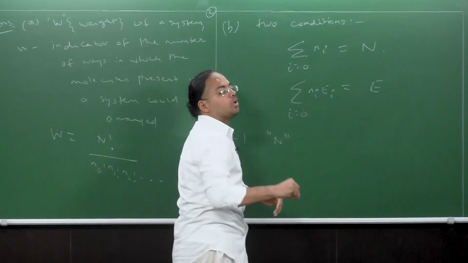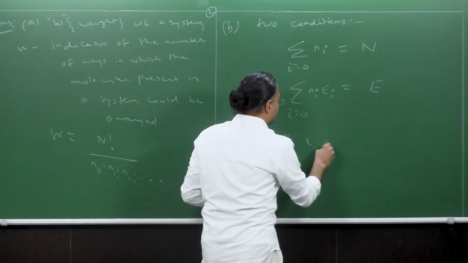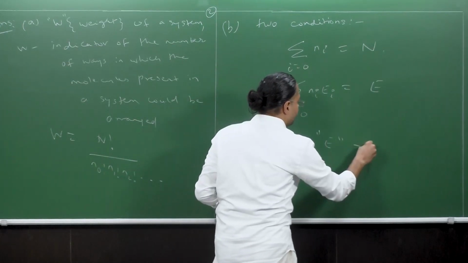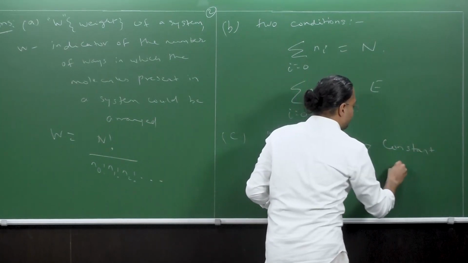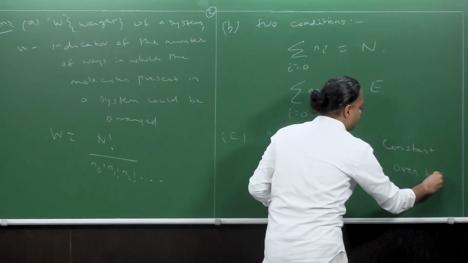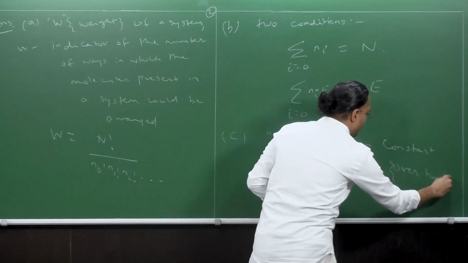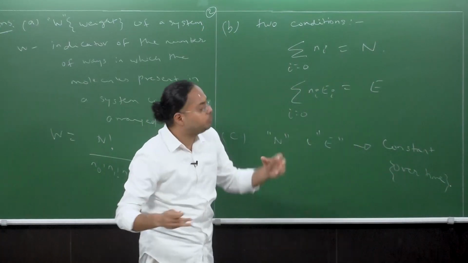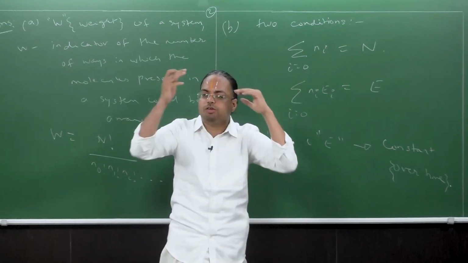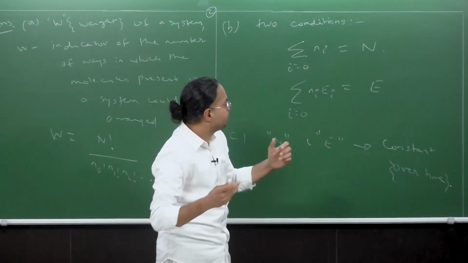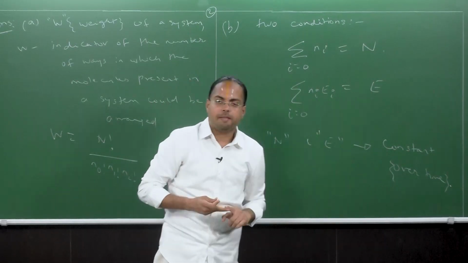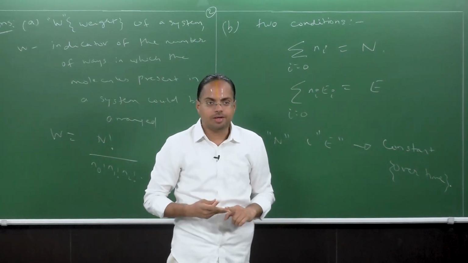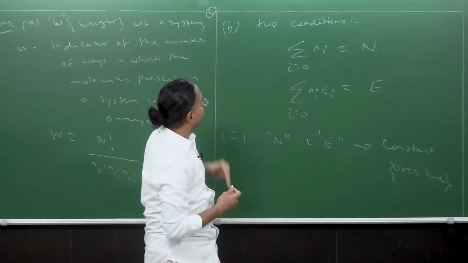That is, the total number of molecules and the total energy of the system were constant. There could be individual fluctuations among the different energy states of a molecule, but the net energy of the system and the total number of molecules always stayed constant. So this was condition number C.